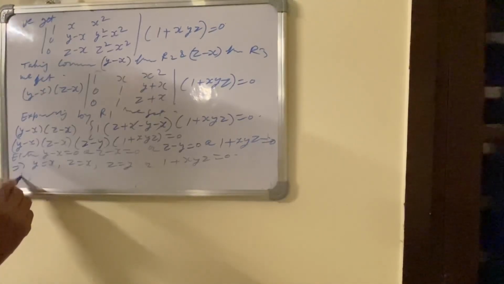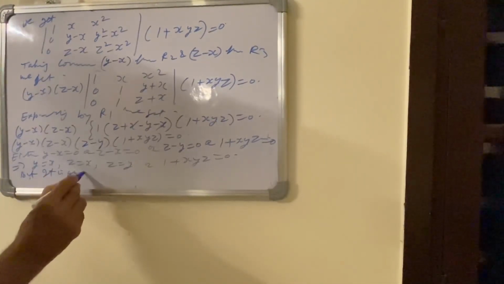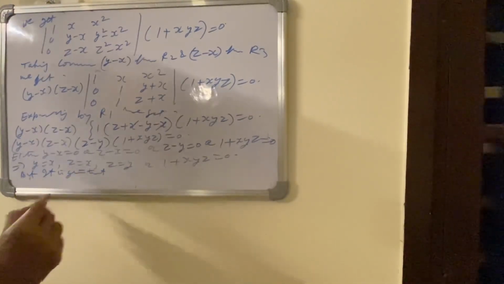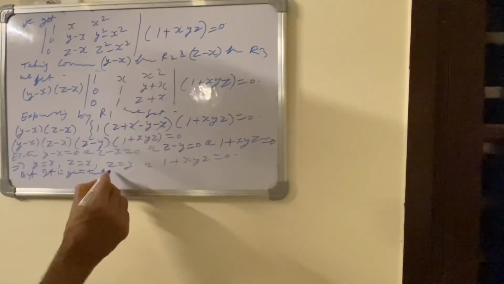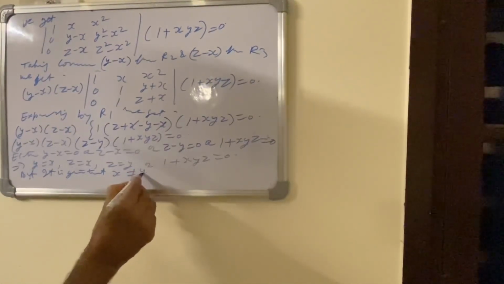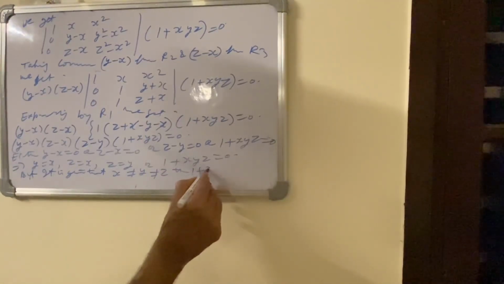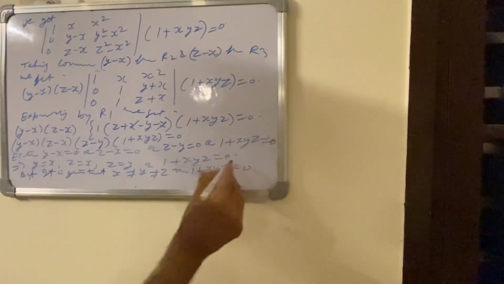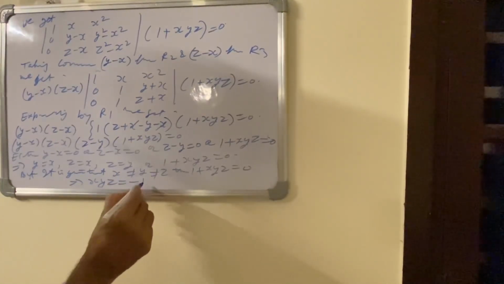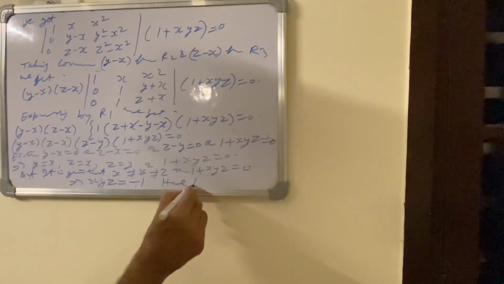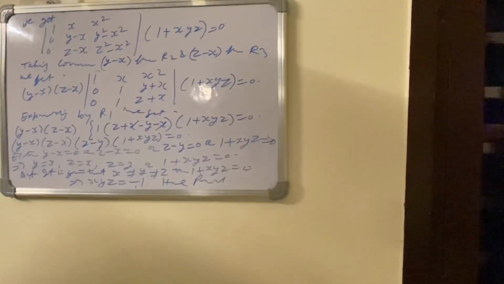But it is given that x is not equal to y is not equal to z, then 1 plus x, y, z is equal to 0, which implies x, y, z is equal to minus 1. Hence proved. So that's all.